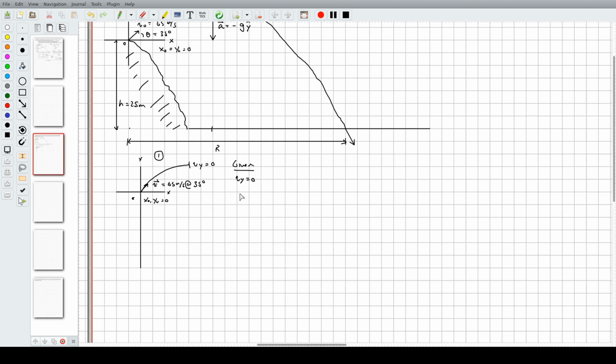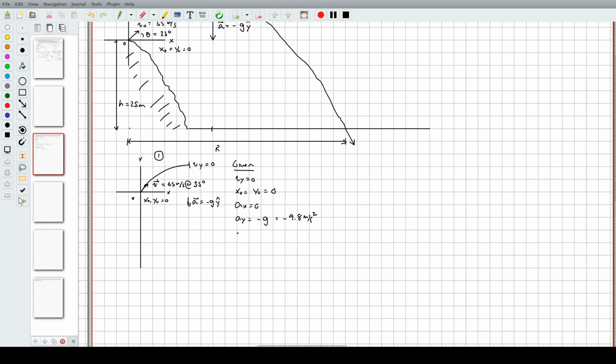V y is 0, x naught and y naught are the same, they're 0. We have our acceleration due to gravity, minus g y hat. So a x, again, is 0. A y is minus g, or minus 9.8 meters per second squared.